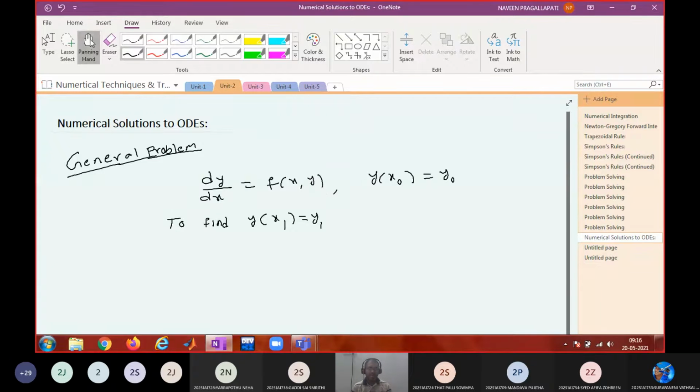Okay. So do you remember what this condition is called? This is a differential equation along with a condition. What is the differential equation together with this condition called?